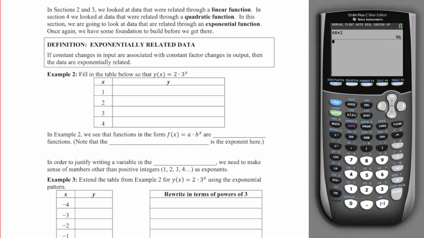In an exponential function, we have a pattern where a constant change in the input is associated with a constant factor change. And what we mean by that is we multiply by the same thing.